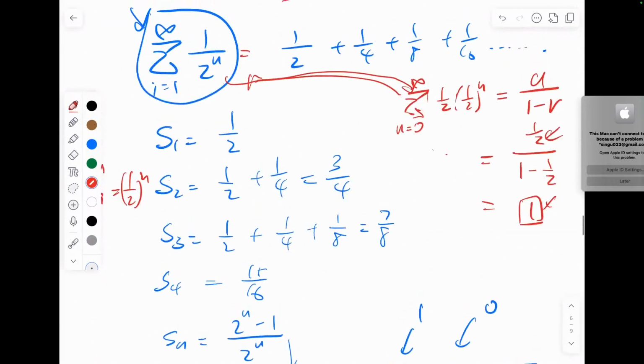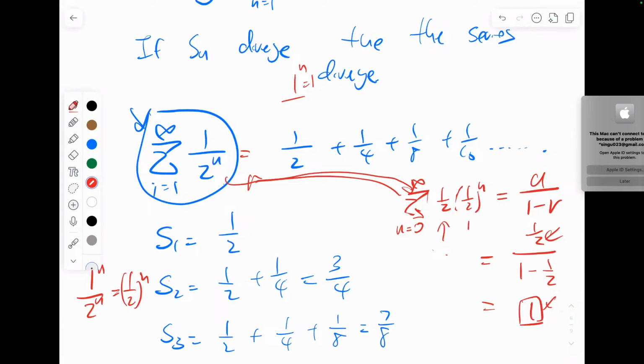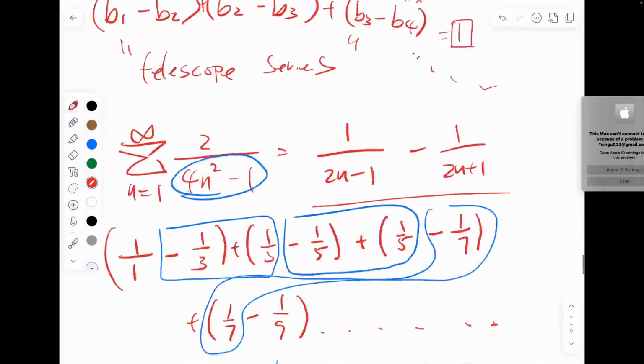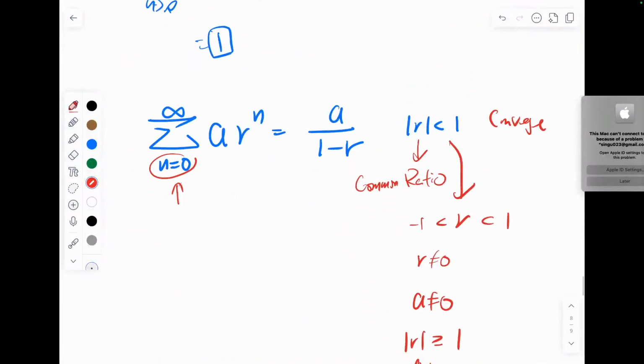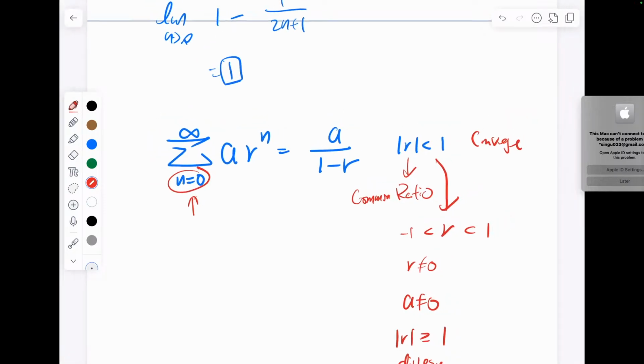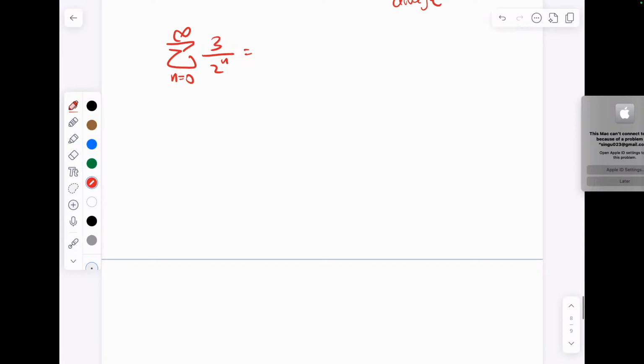If it's 0, then it has to be 1/2 times 1/2 to the n. Does that make sense? Now it's going to be 1/2, and then 1 minus 1/2 is equal to 1/2. Sorry, I confused myself. Because you wanted the first term to be 1/2, according to this the first term has to be 1/2. So because our geometric series starts at 0, is that okay? Okay, so I'll give you this question here. You can start.